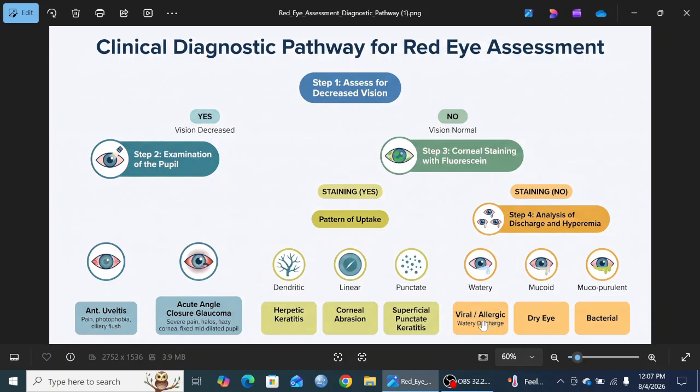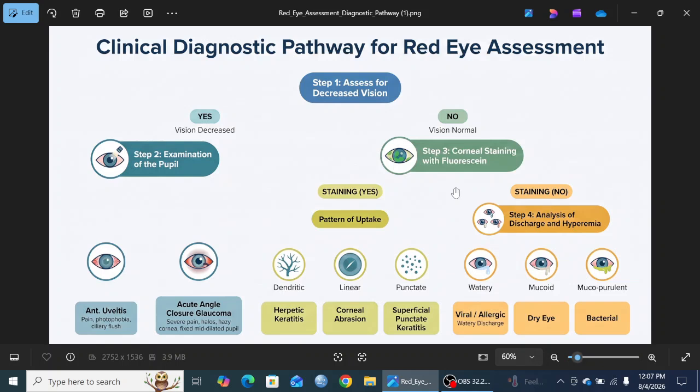If there is a follicular reaction, then the patient may have viral conjunctivitis. Or if there is a papillary reaction or giant papillae, then you can think about allergic conjunctivitis. If the patient is having mucoid discharge, then you can think about dry eye or chronic allergic reactions. Or if the patient has mucopurulent discharge, then you can think about bacterial conjunctivitis.